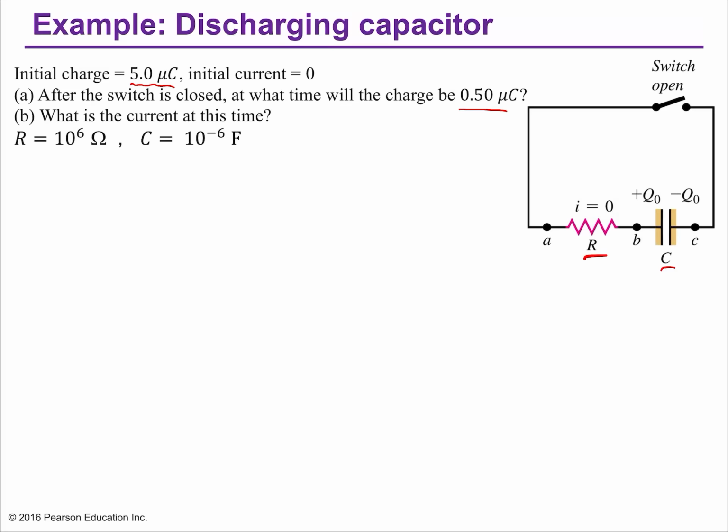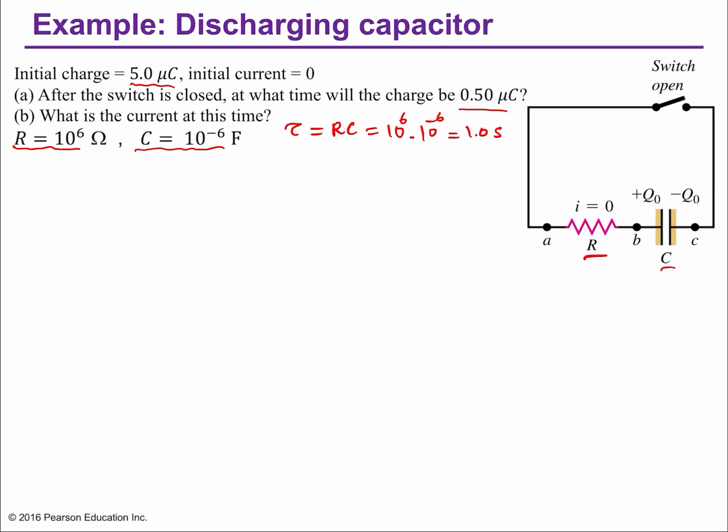You're given the resistance as 10 to the power 6 ohms, and the capacitance is 10 to the minus 6 farads. So you can straight away figure out the time constant of the circuit, which is R times C, 10 to the power 6 ohms multiplied by 10 to the power minus 6 farads, which gives 1 second.